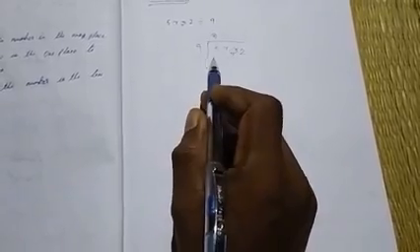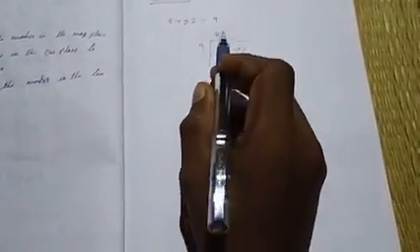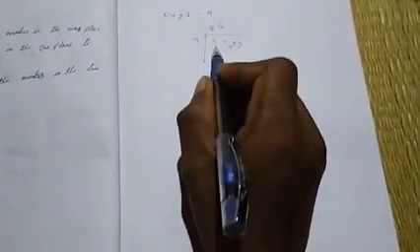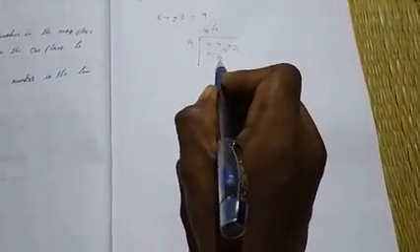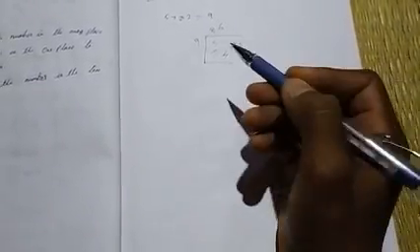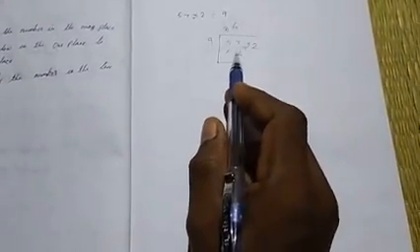So 6 table we can use here. 6 9s are 54, because if we use 7 it will go beyond. So we can use 54.